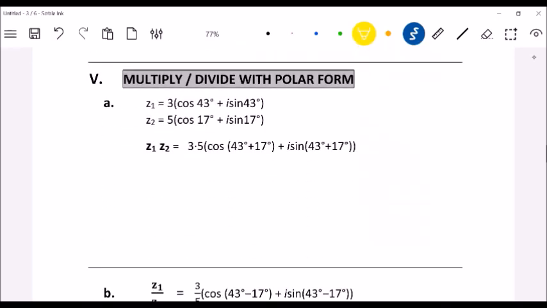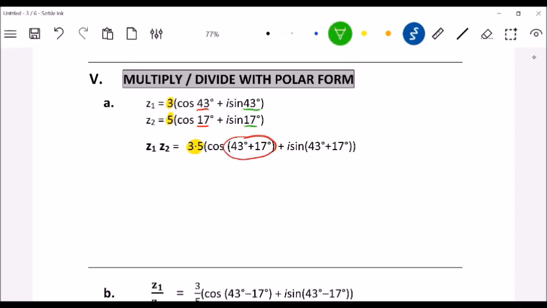Next, we're going to multiply and divide. So here, let's first do some multiplying, where we're going to multiply z1 times z2, and watch what happens. We have the 2 radii, and they are multiplied together, but on the inside, the 43 and the 17 are added together.